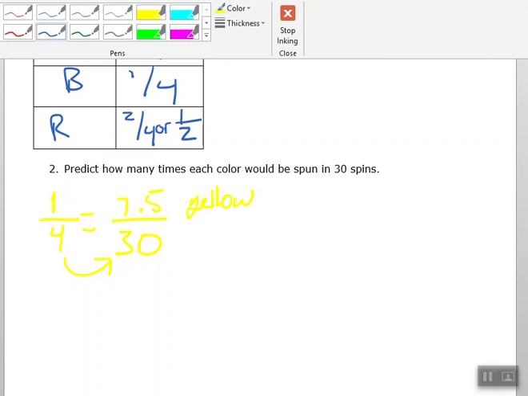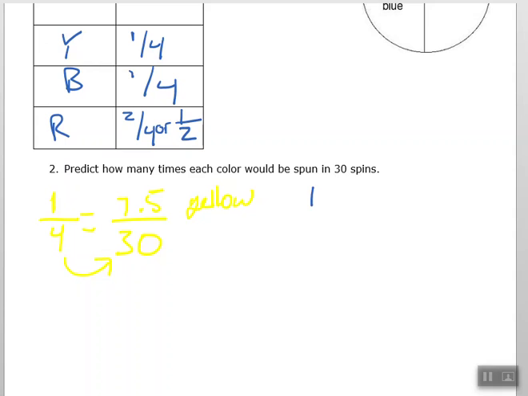Now with blue, again, I have 1/4 is equal to x over 30. I multiplied by 7.5 to get there. Okay, you could also cross multiply. And again, I have a 7.5 chance of blue.